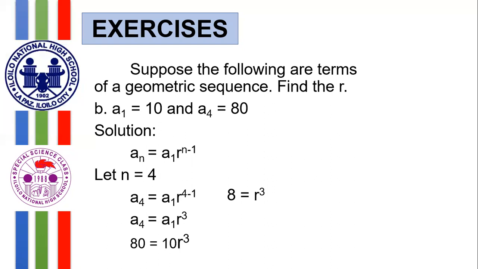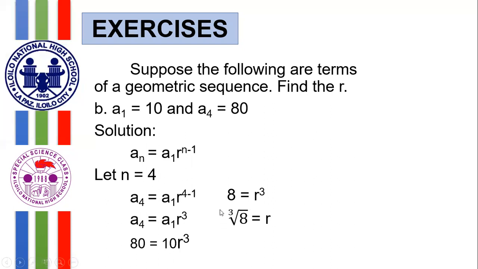So you see, this time you have an equation, and using the theorems earlier, you could see that the exponent of your r is odd. So hence, you have cube root of 8 equals r. There's no need to place a plus and minus here.